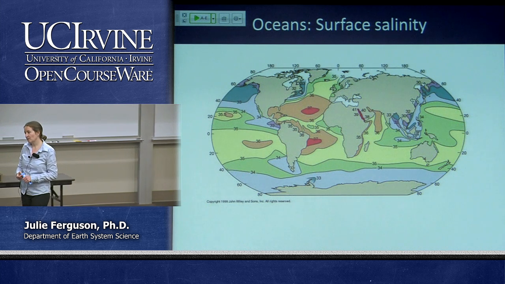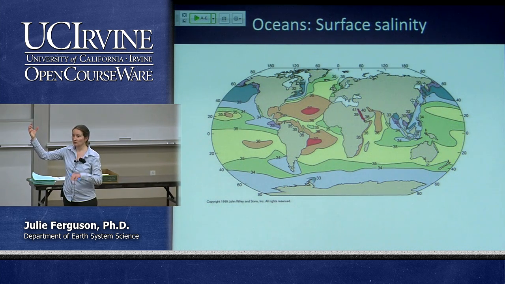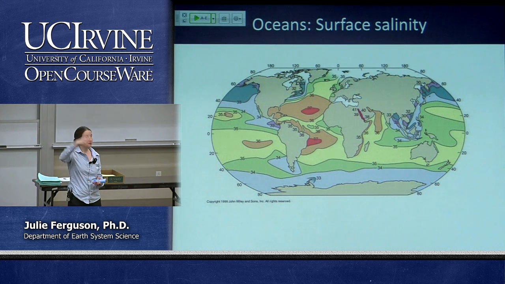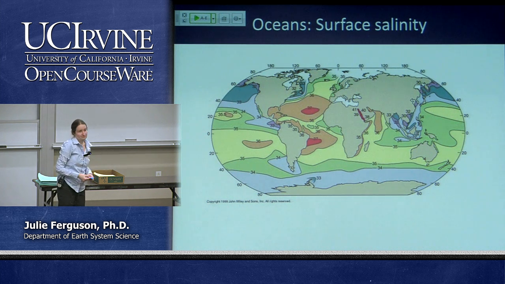And what happens during evaporation is we're taking that fresh water away and we leave that salt behind. So if we have lots of evaporation, that fresh water leaves and we get more salt left behind in the surface ocean. And so you can see that where we're warmer, and where we have more sunshine and less rainfall, we're going to have high amounts of salinity.